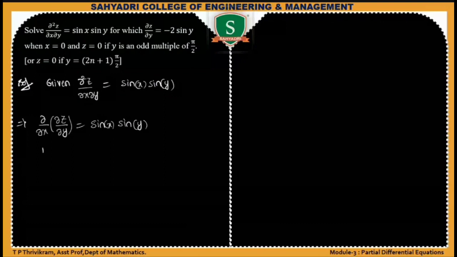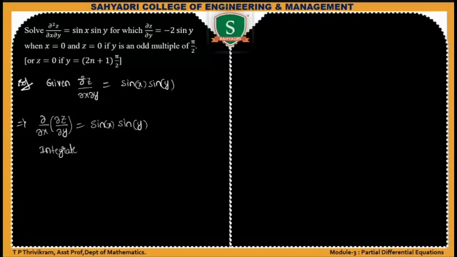Now integrate with respect to x. If you integrate with respect to x, this derivative will vanish. So that means ∂z/∂y is equal to, since we are integrating with respect to x, sin y is constant. So sin y I am keeping outside, integral of sin x dx.